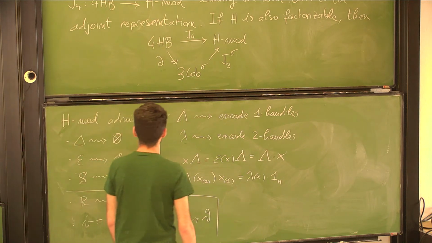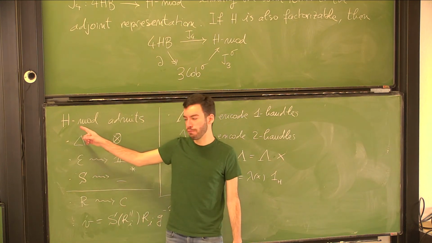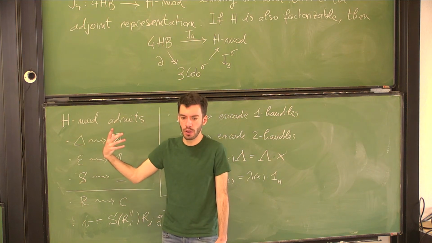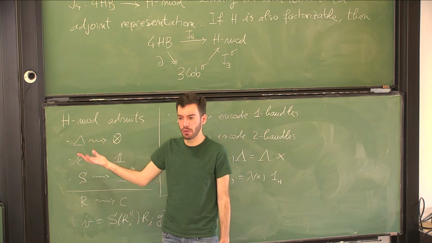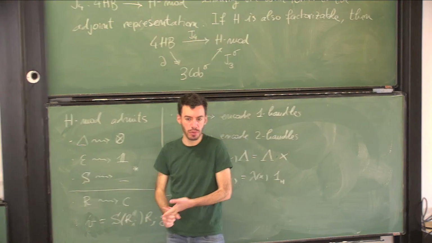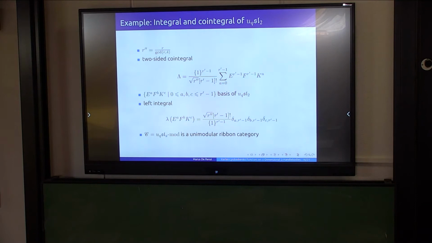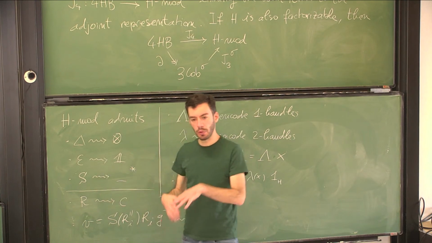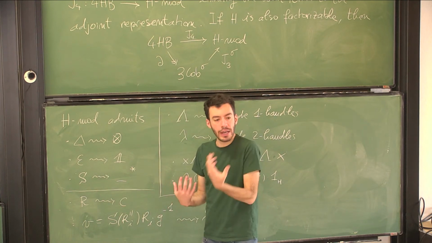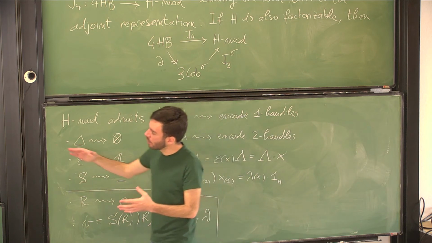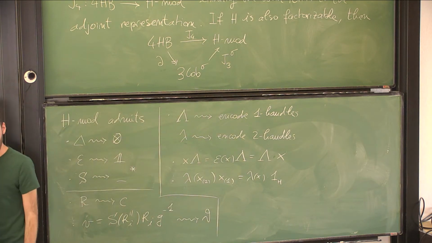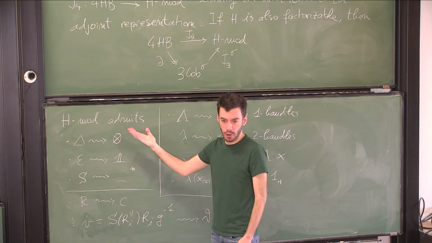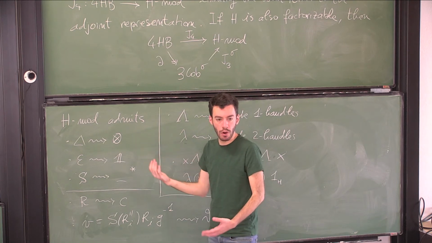So the point is, if H is finite dimensional, it can be realized as an object inside H-modules. You have several structures of representation on H itself. You can consider the regular representation, the adjoint representation, and so on. And for the product, unit, co-product, co-unit, antipode, you can ask whether the ones giving you the standard definition of a ribbon Hopf algebra are morphisms in this category, so if they are H intertwiners or not.